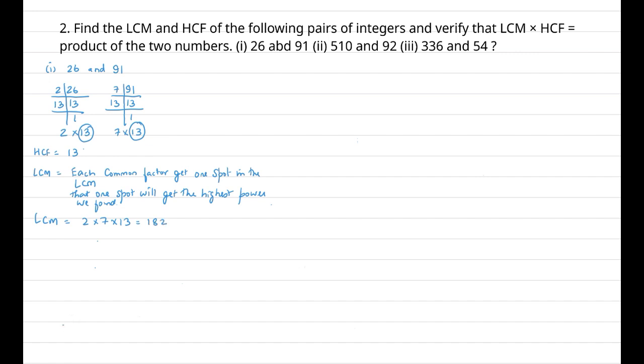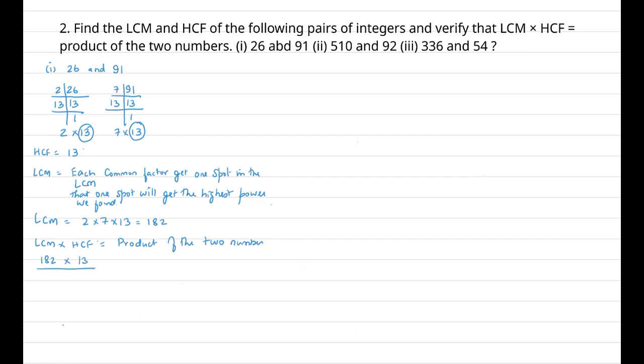Then verify the answer. Least common multiple into highest common factor will be equal to the product of the given two numbers. Least common multiple is 182. Highest common factor is 13.